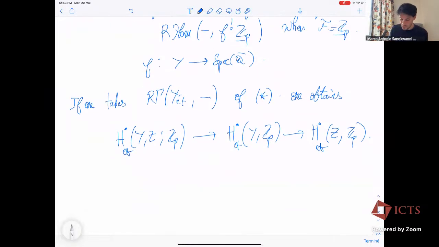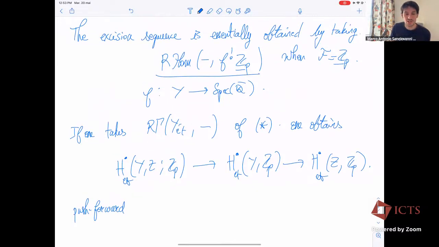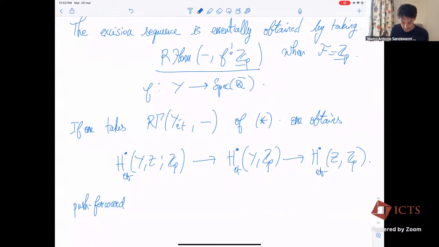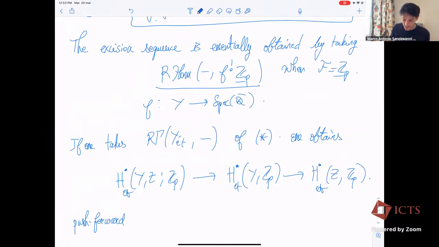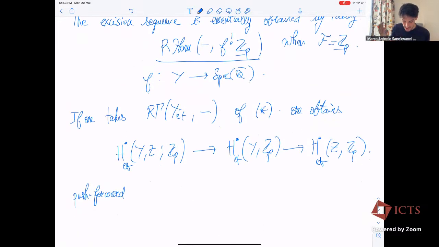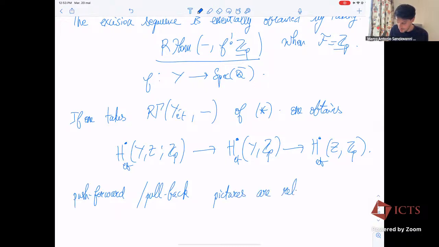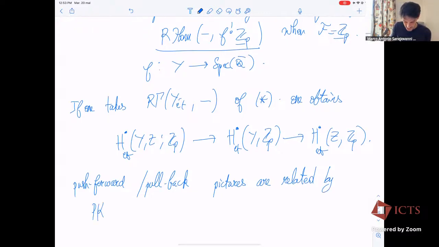Okay. So the push forward, this functor is essentially the functor that gives you Poincaré duality. So you see that the excision sequence and the relative cohomology sequence, so push forward, pull back pictures, are related by Poincaré duality, at least in a derived sense.